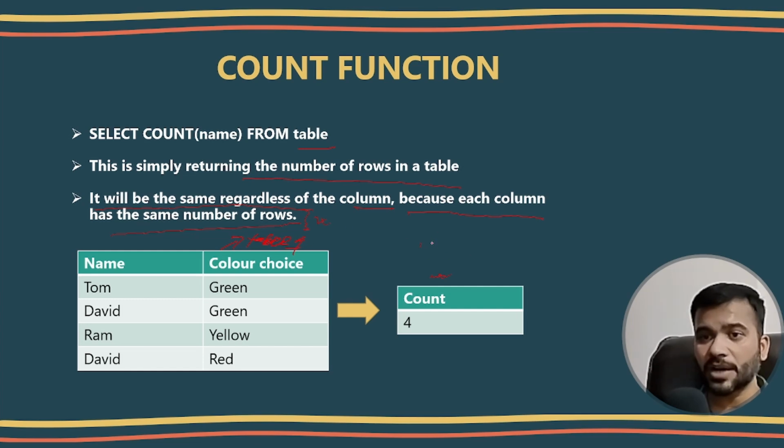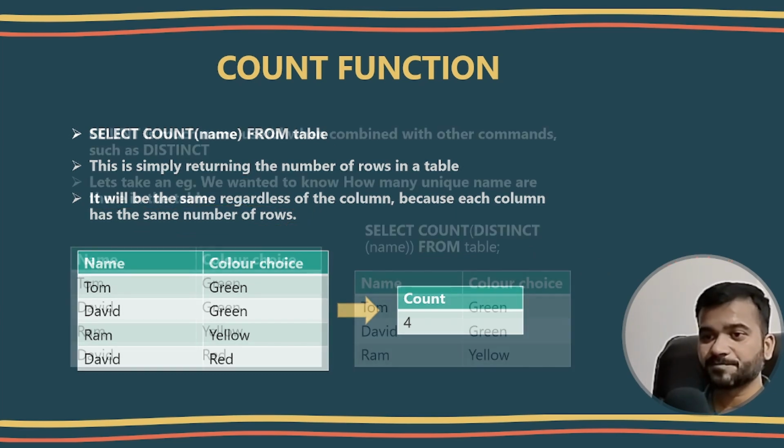If I have to write the query for the same, either I can write SELECT COUNT star FROM table 1, which is our first way, or the second way is SELECT COUNT and then you mention the column name, in this case name, FROM table 1. So both queries will return the same count. Hope it's clear to you now.